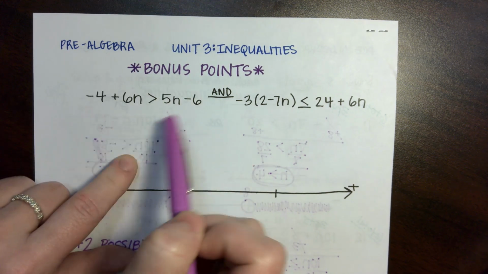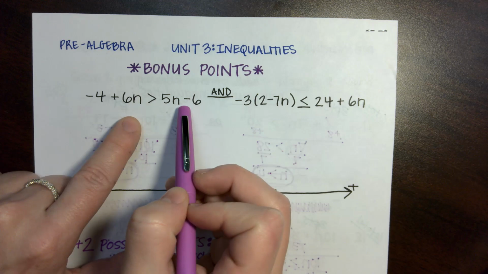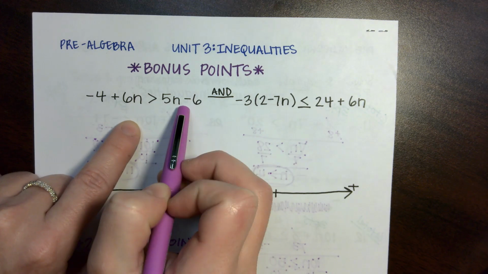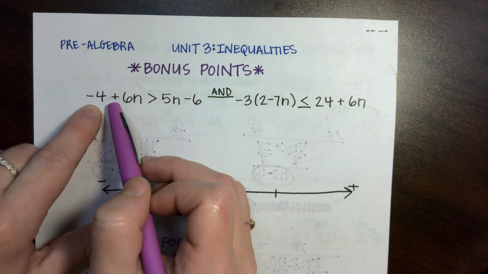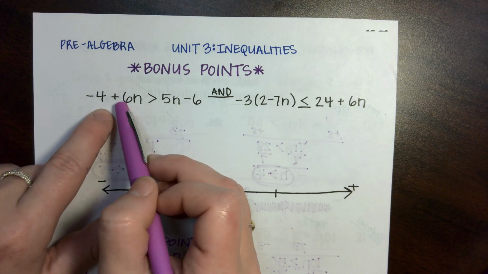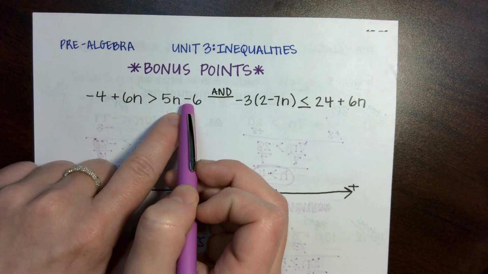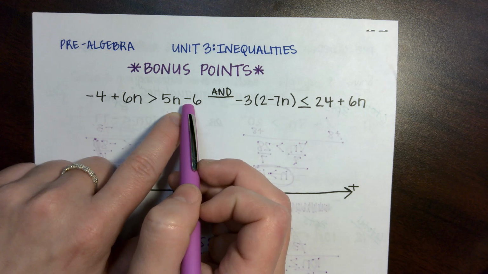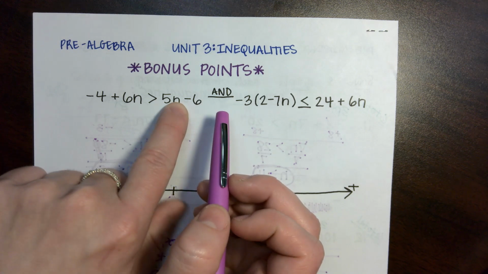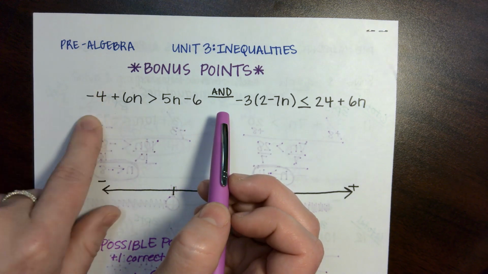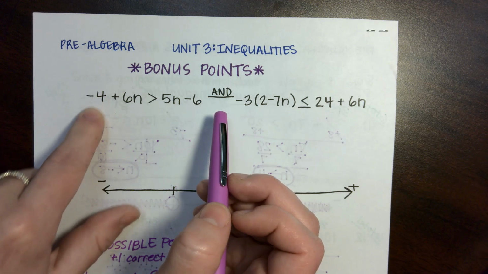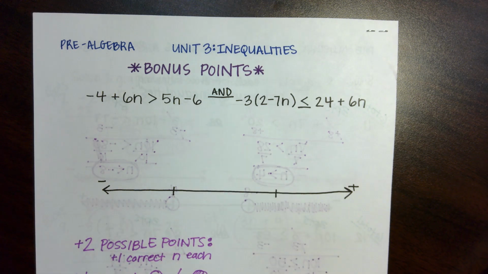Now this is an inequality, so we want our n's always to come first. If we put our n's on the opposite side of our inequality, we're going to have the incorrect graph. We want our n's to be brought to the left side, to the first part of our inequality.